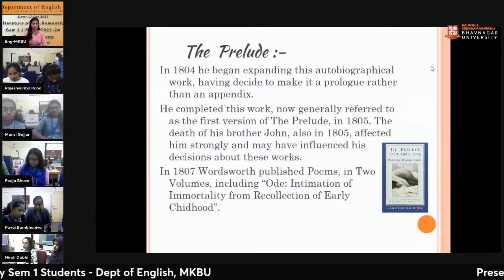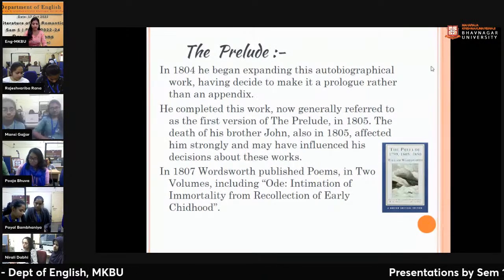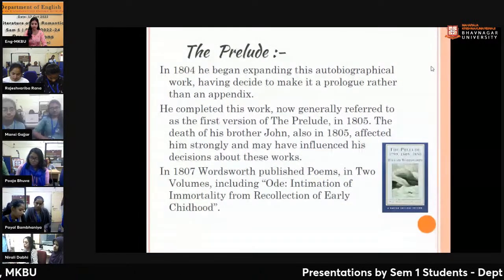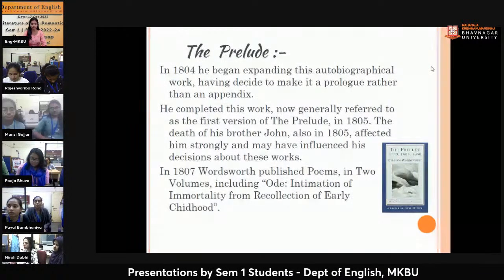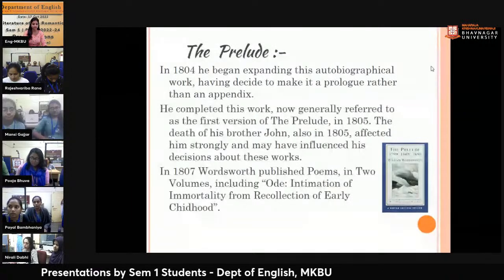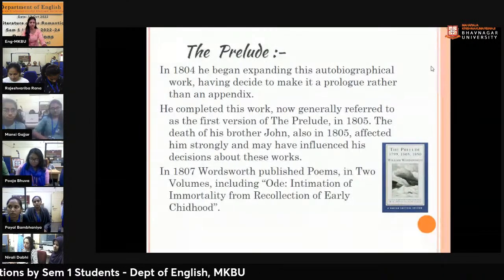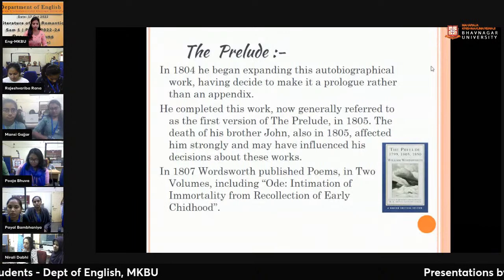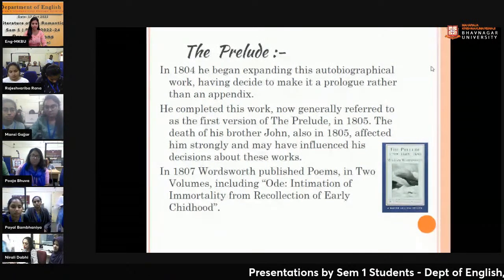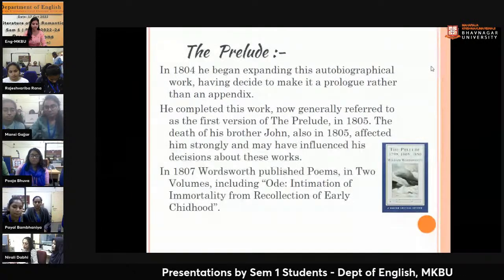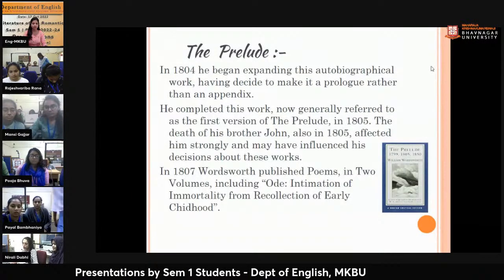The death of his brother John, also in 1805, affected him strongly and may have influenced his decision about this work. In 1807, Wordsworth published Poems in Two Volumes, including Ode: Intimations of Immortality from Recollections of Early Childhood.